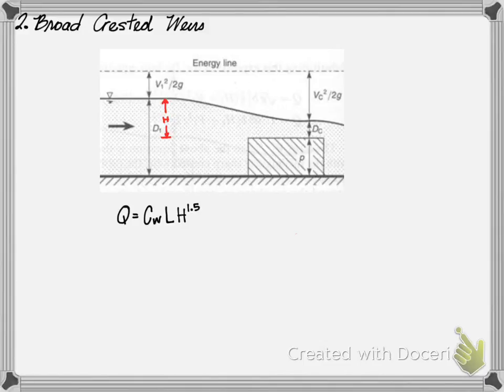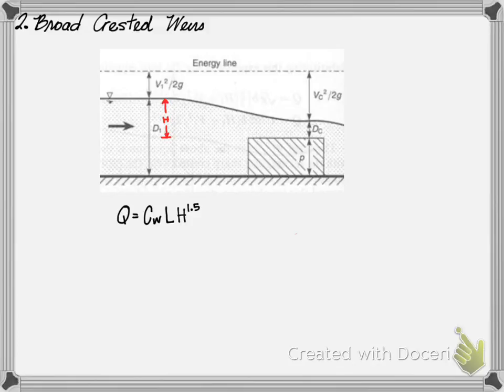The discharge over a broad-crested weir is equal to the weir coefficient, CW, times the length of the weir, which is into the board, not the width of the broad-crested weir, times H, the depth of flow upstream of the broad-crested weir, raised to the 1.5 power.